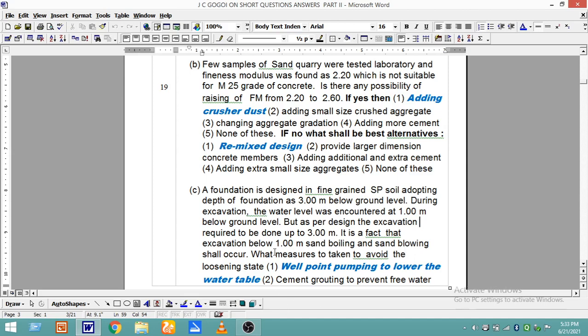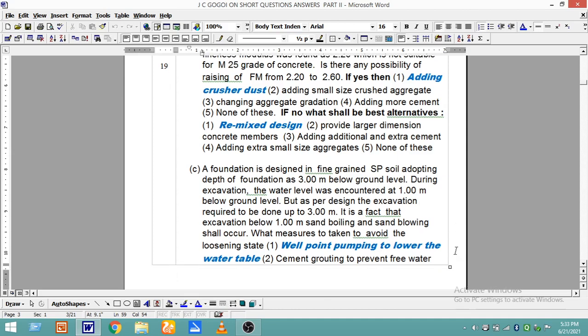So the best precautionary measure is well point pumping to lower the water table. Normal pumping will not give any benefit, so there shall be well point pumping to lower the water table.